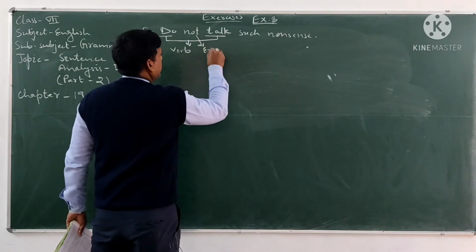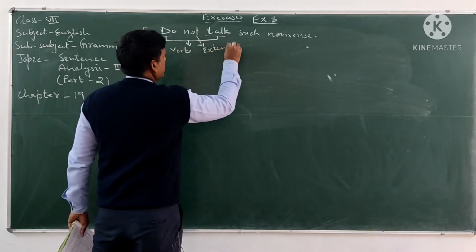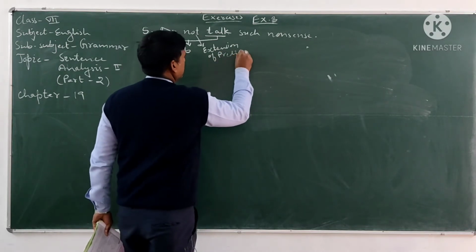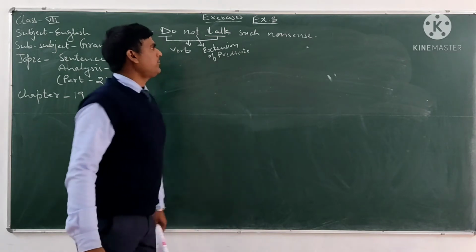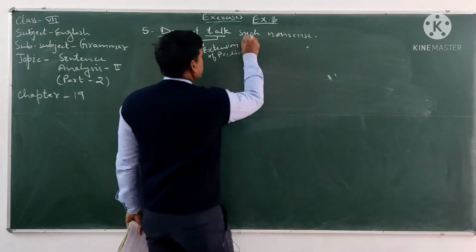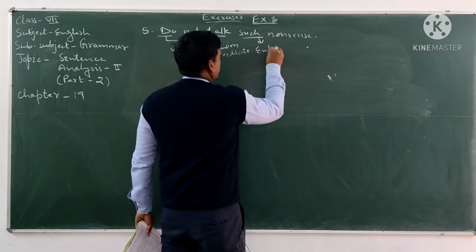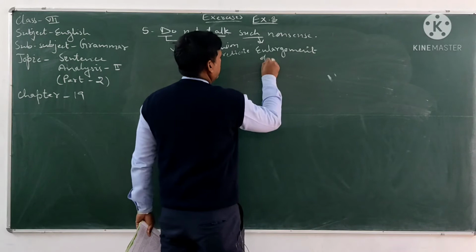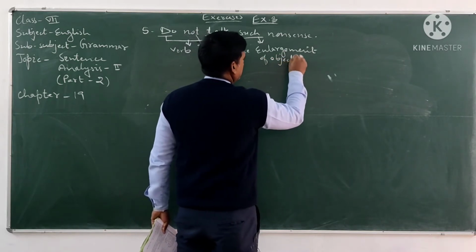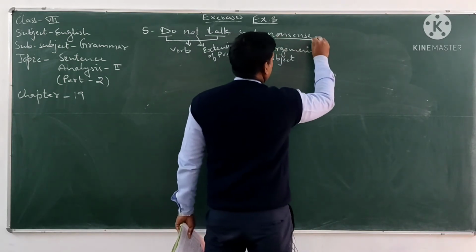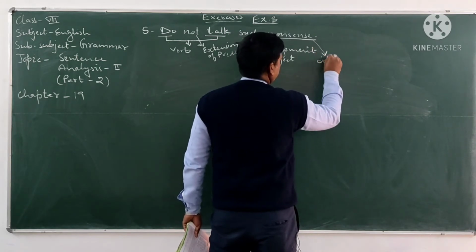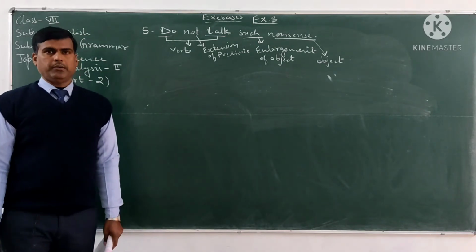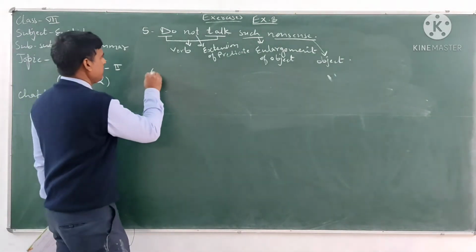Not is the extension of predicate, and such is the enlargement of object, and nonsense is the object. So this is the sentence analysis of sentence number 5.